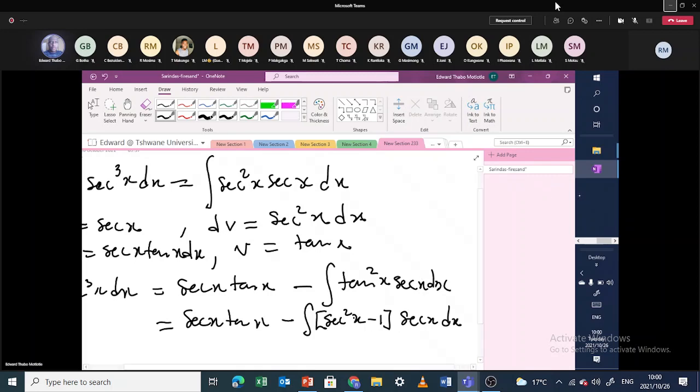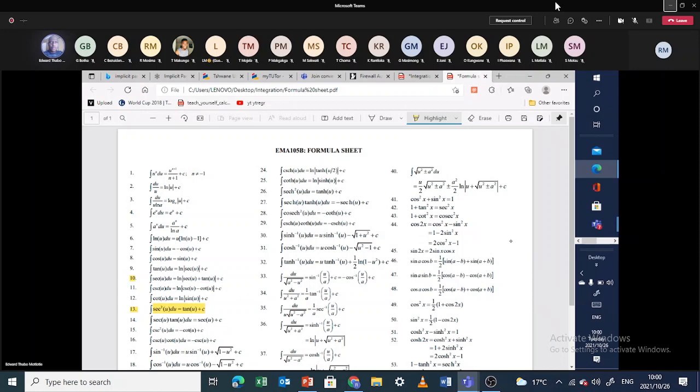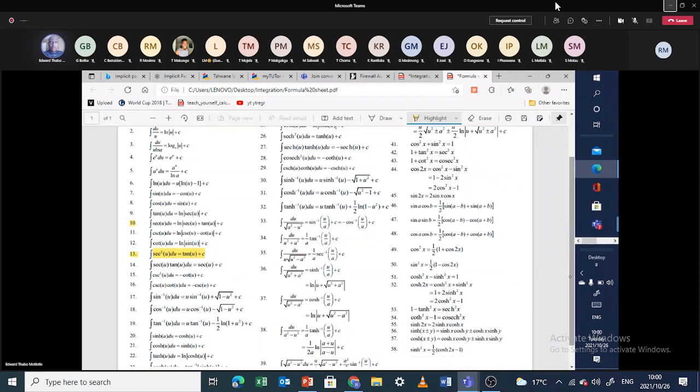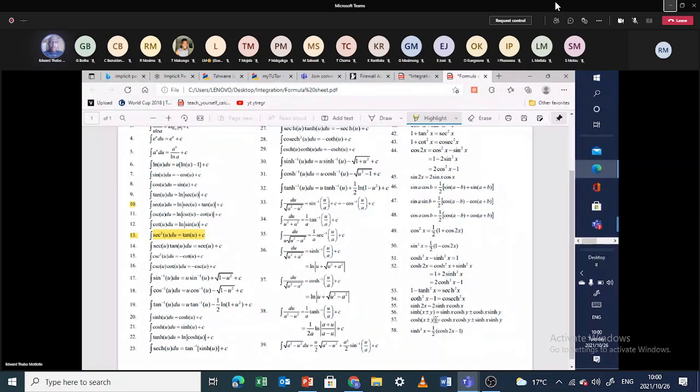So I think you can check that identity, or you can just check it in the formula sheet. Where is that one? The one that involves tan and sec is this one here, number 42. Okay, so I've made tan squared the subject, so it's okay: sec squared minus 1.